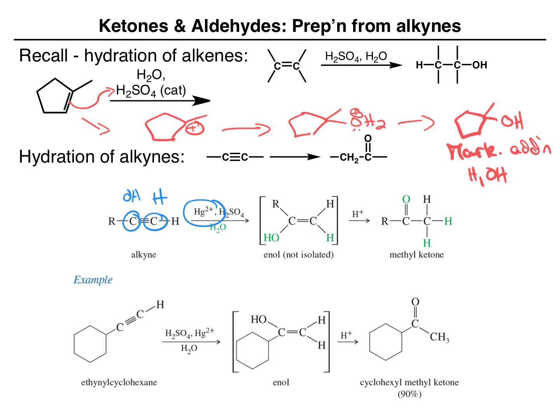This is an enol. Under these acidic conditions, however, the enol is not isolated because this will tautomerize to give a ketone. So an enol and a ketone are tautomers, which means they are isomers that differ only in the location of a proton.